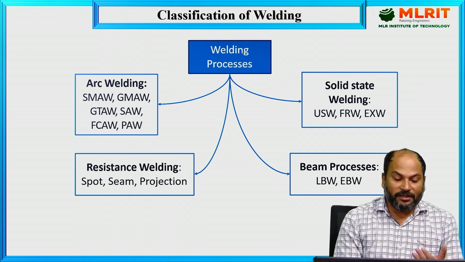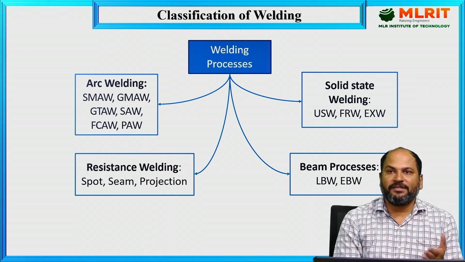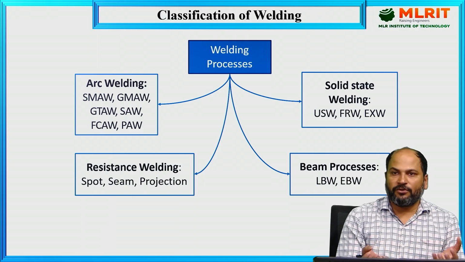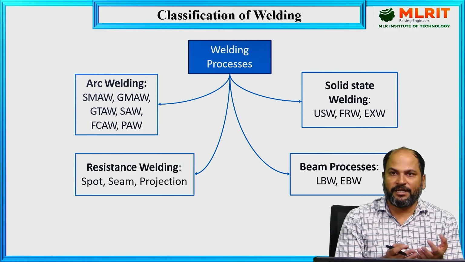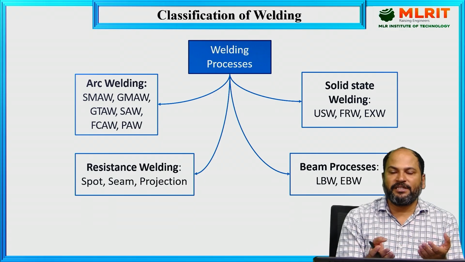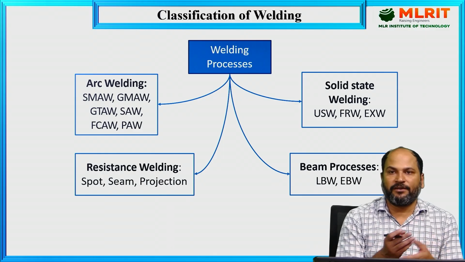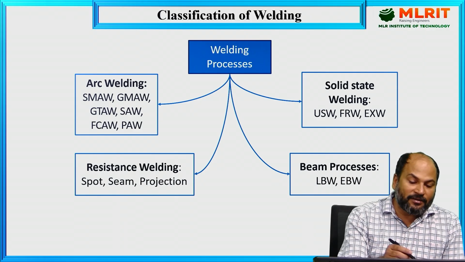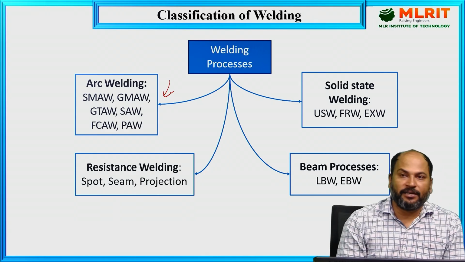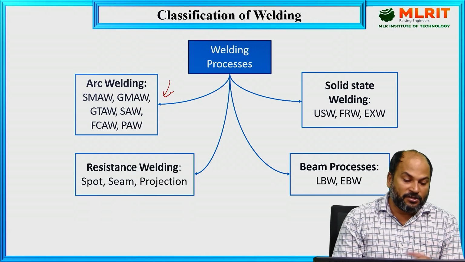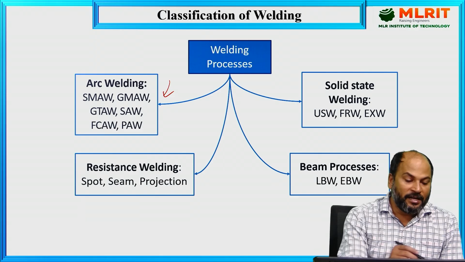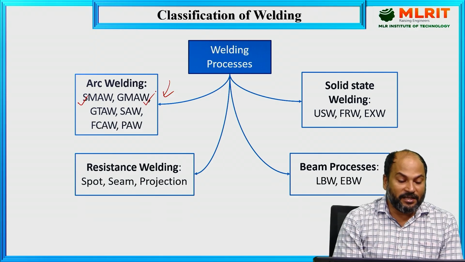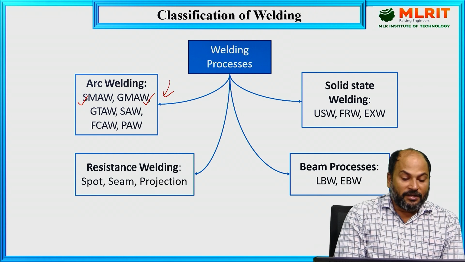So during welding, if material is changing its state, means initially suppose these two parts we are going to join together, they are in solid state. If during the process the material is changing its state from solid to liquid, then it is known as liquid state or fusion state welding. So arc welding comes under this category. In all the arc welding processes, some examples are shielded metal arc welding, gas metal arc welding, then tungsten arc welding.